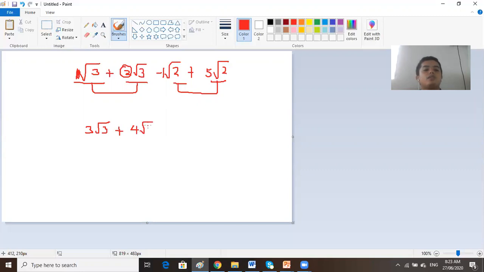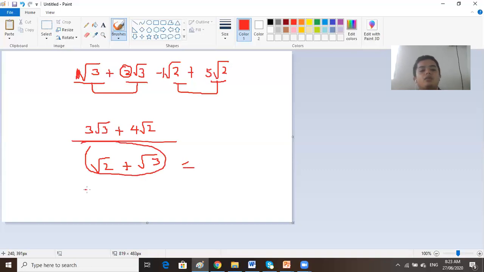Again, you cannot combine radicals if they have different radicands. So in this case, this is the example. Again, you cannot combine square root of 2 with square root of 3, so the answer is this one.